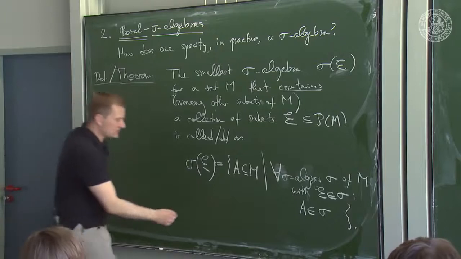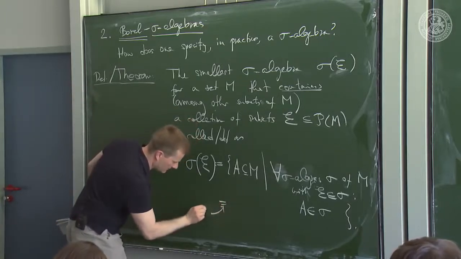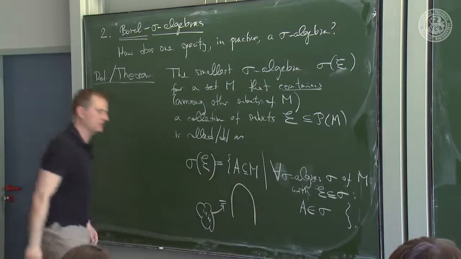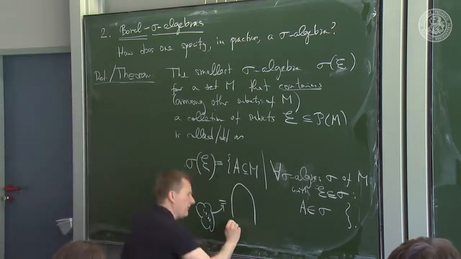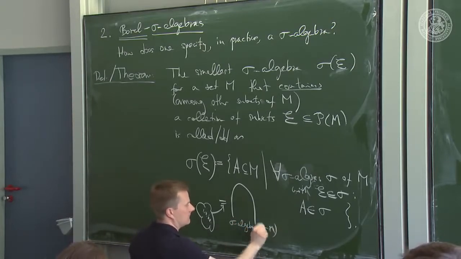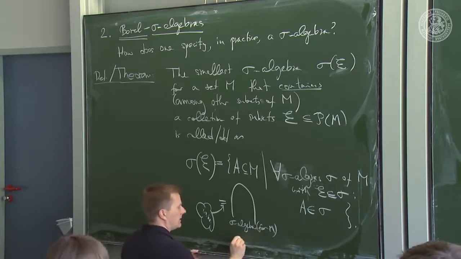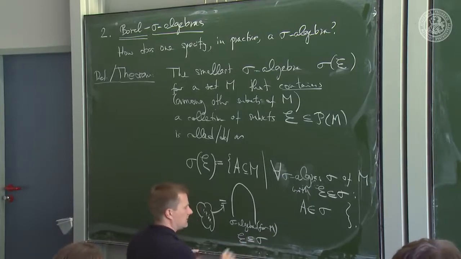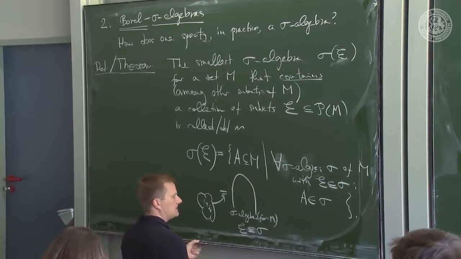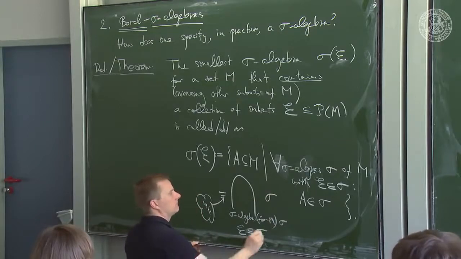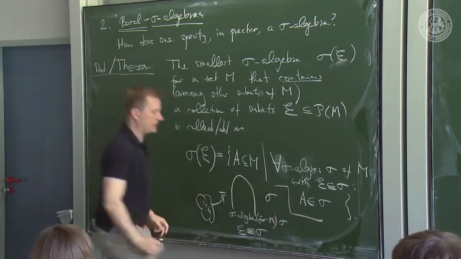Or in other words, it's the intersection of all sigma algebras on M, of course, that contain the set E.